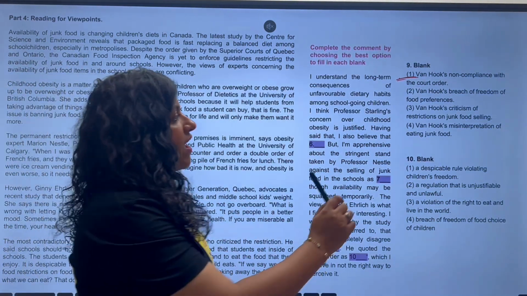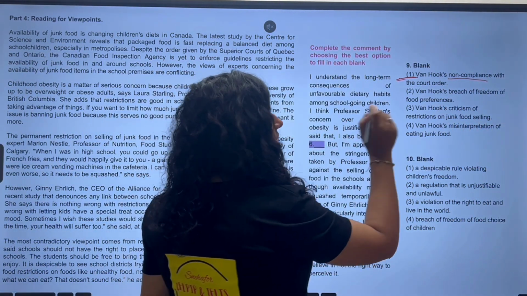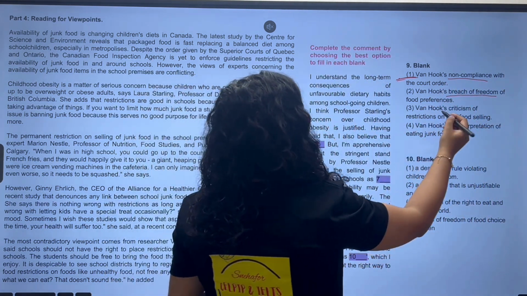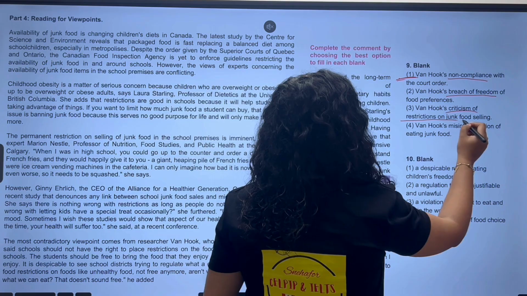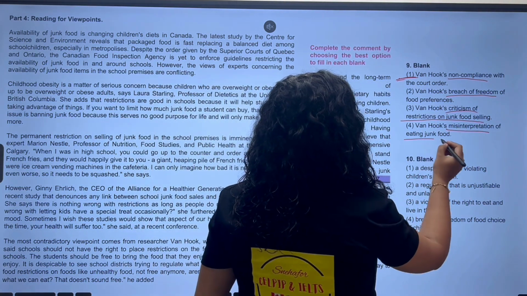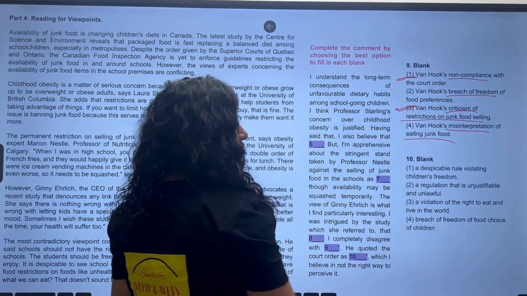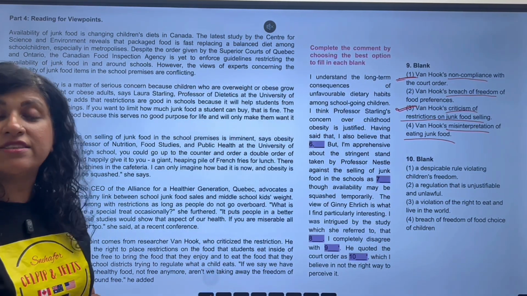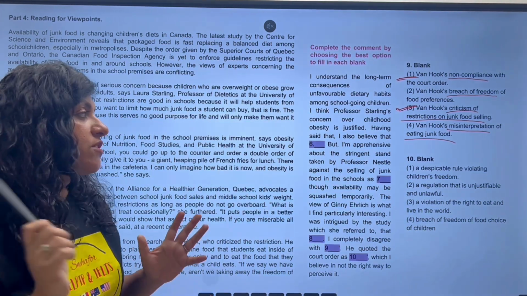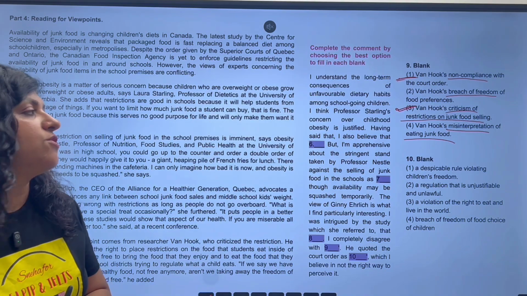So did Van Hook not comply with the court order, or did he breach freedom, or did he criticize restriction on junk food selling, or did he misinterpret eating of junk food? Clearly, Van Hook criticized restrictions on junk food selling. So he said that schools cannot decide what students will eat inside the schools or what is going to be available inside the schools for students.